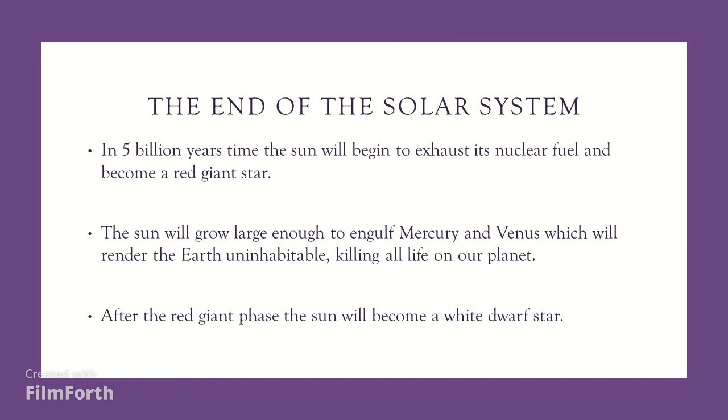Okay, so at that point, in 5 billion years, life on our planet will cease to exist because it'll become so unbearably hot that nothing will be able to survive. After the red giant phase, the sun will then shrink down and become a white dwarf star, and at that point, our solar system will no longer really be the same forever because of those changes.